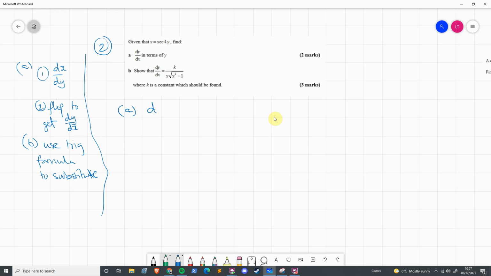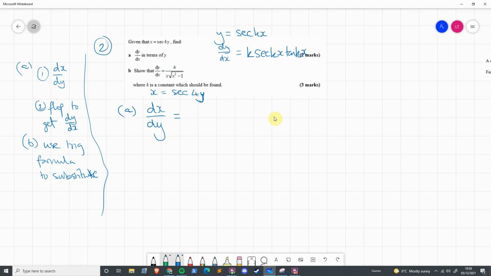First of all, let's just do dx by dy. So if x equals sec 4y, you just need to use your formula book. You are given this. You are told that if y equals sec kx, then dy by dx equals k sec kx tan kx.